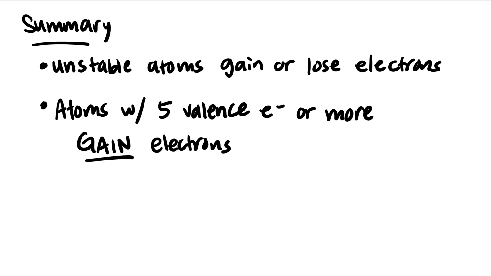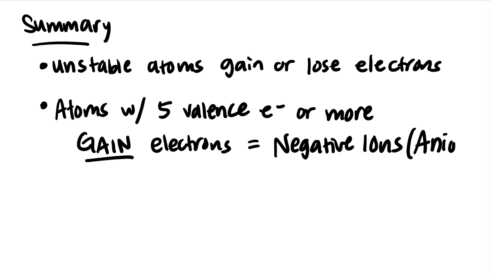The result of gaining electrons is that these atoms are going to turn into negative ions. Negative ions. And in chemistry, we give these negative ions a fancy chemistry name. These are called anions.